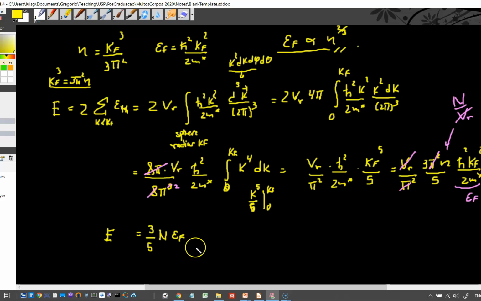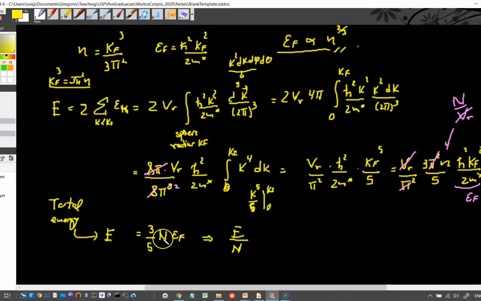and that's the neat result, meaning that this is the total energy of the ground state, right? Let's emphasize that. This is important. Total energy. So it has to increase with the number of particles, right?